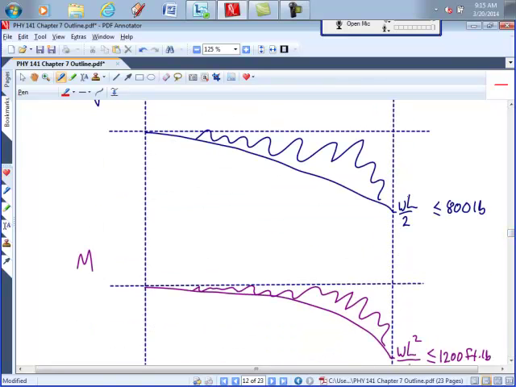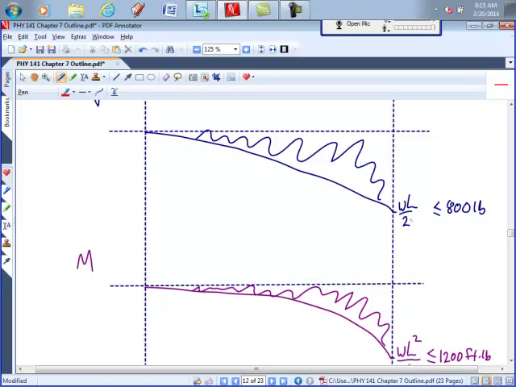What's the derivative of wx squared over 2L?